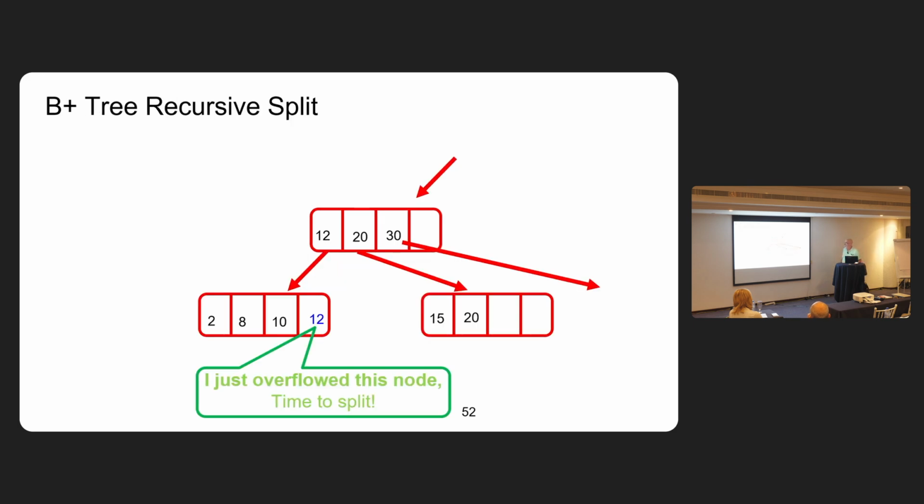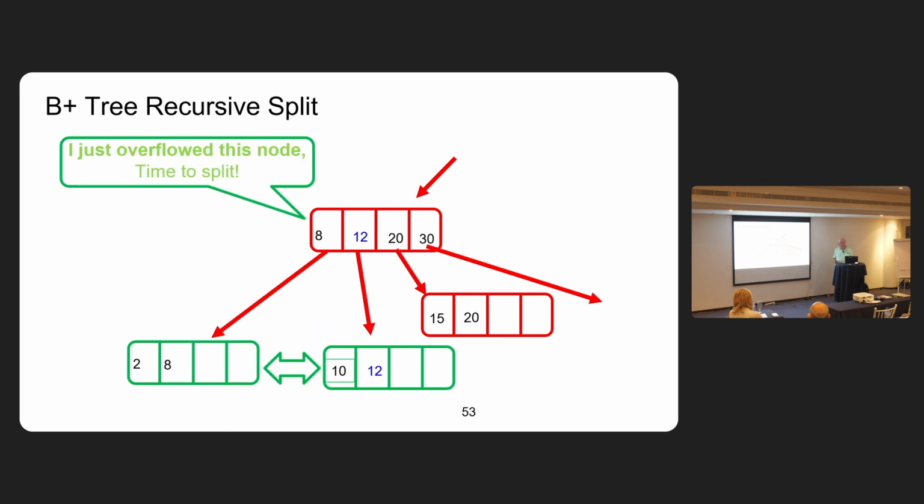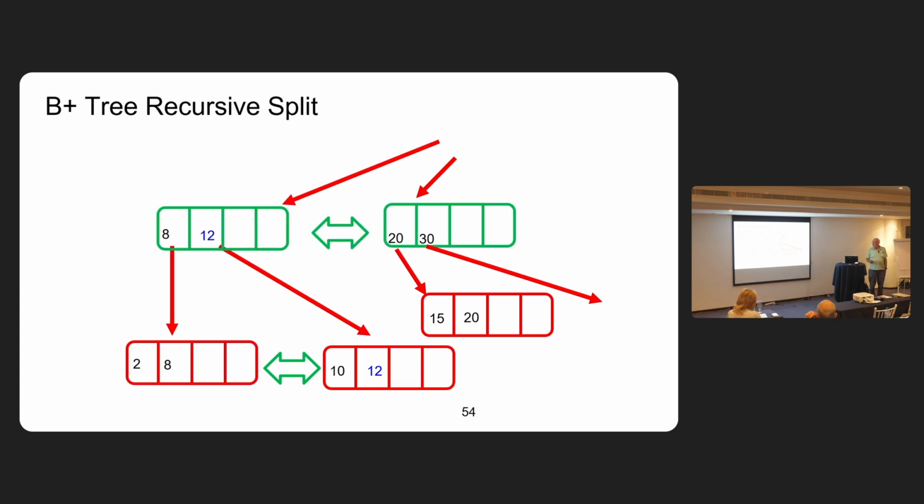So here, for example, we just overflowed this node. It's time to split. So we'll split it into 2 nodes. And then we have to go and update the navigation information in the parent. And now that node is too full. And then we split those nodes. So the basic idea is that it's possible that a split at one part of the tree will cascade up the tree.